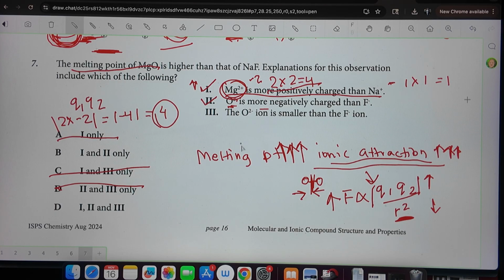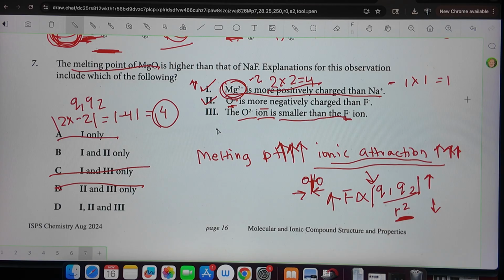Okay, and then the last one is O2- ion is smaller than the F- ion. This is not true because O2- has an extra electron.